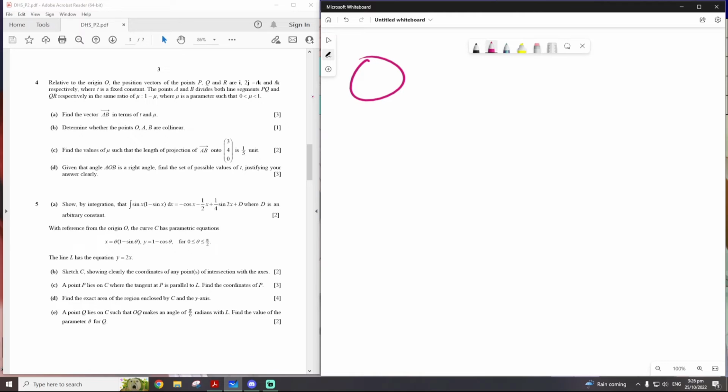Question 5. Okay, integration. So we have to integrate sine x times 1 minus sine x. This is the integral of sine x minus sine square x.